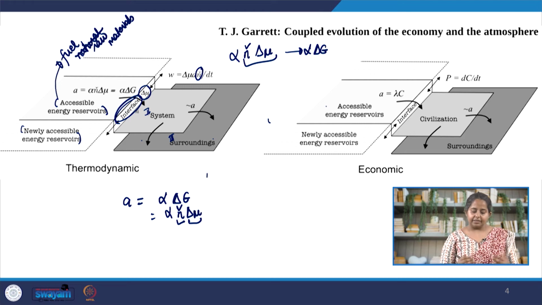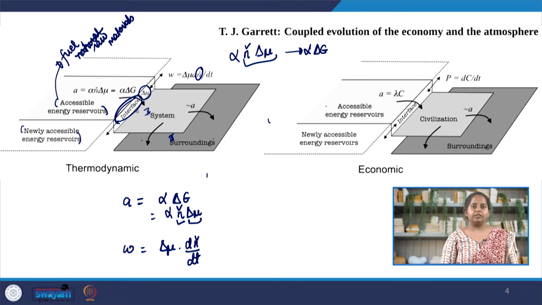Now, the other thing is the interface itself can expand. Our ability to use the resources itself can become more useful for us. So let us say the interface is expanding at W rate. W here is delta U, which, if you remember, is the potential difference between the reservoir and system per material unit, multiplied by the rate at which the material units are changing.